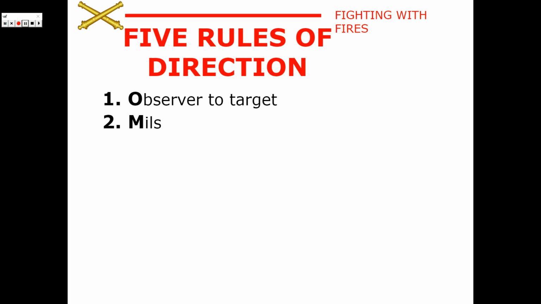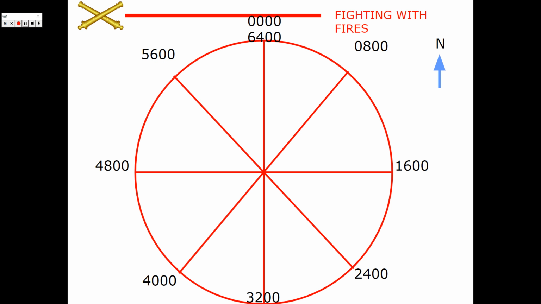Anyway, when you communicate that direction, you're going to use mils. You're not going to use degrees like you normally do with a compass when you're doing land navigation. There are 6,400 mils in a circle. If you look at your compass, there are 2 rings. There's the degree ring that you most often use when you're doing land navigation, and then there's the mil ring that corresponds to the numbers you see on the screen right now.